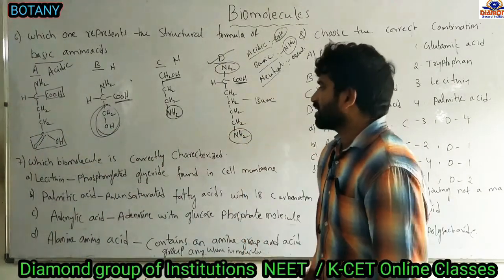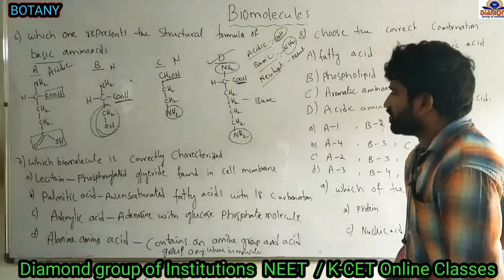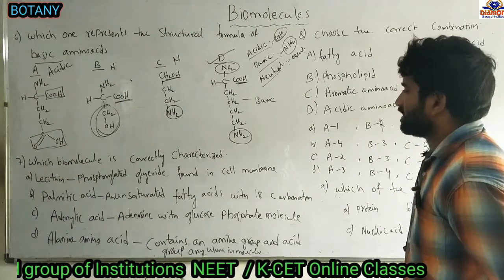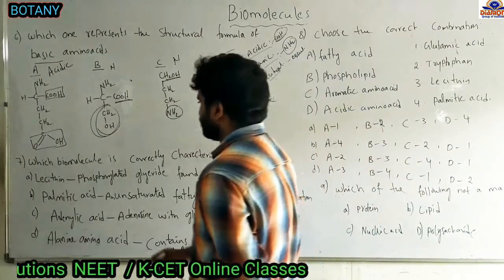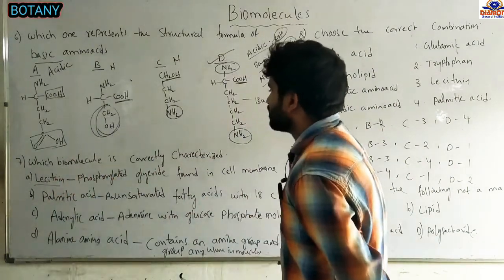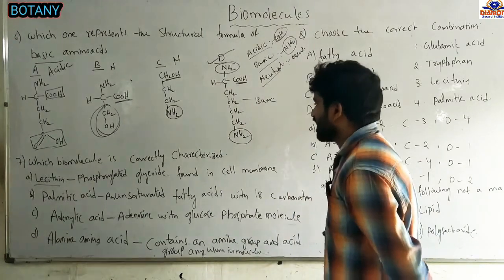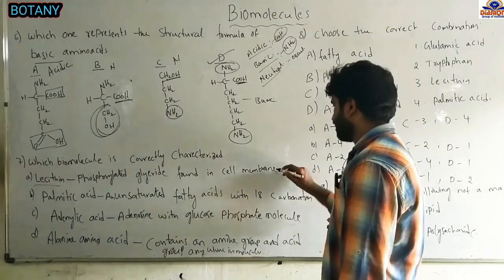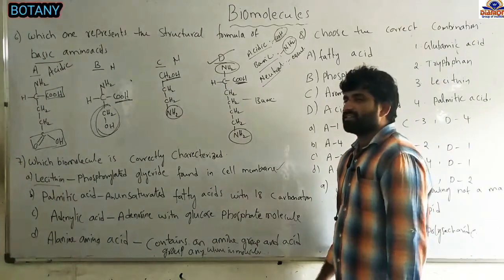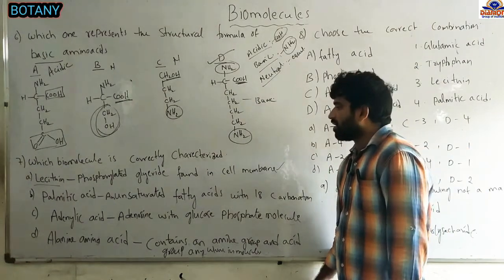And the next question: which biomolecule is directly matched? Option A, lecithin: a phosphorylated glyceride found in cell membrane. Yes, lecithin is a phosphorylated glyceride found in the cell membrane of all living organisms.